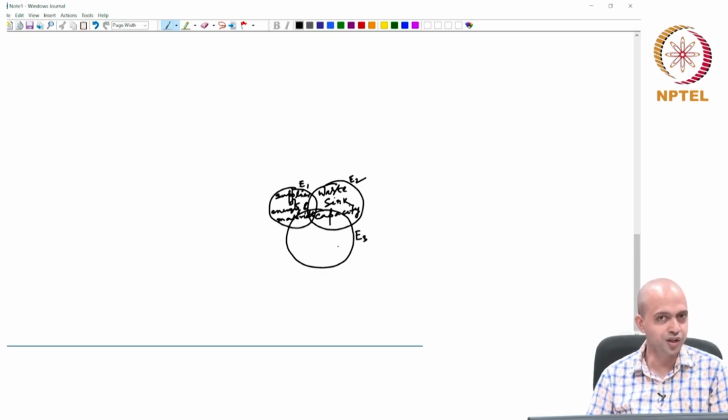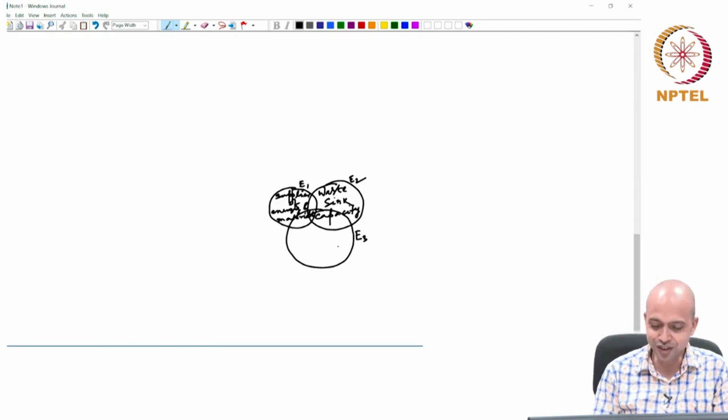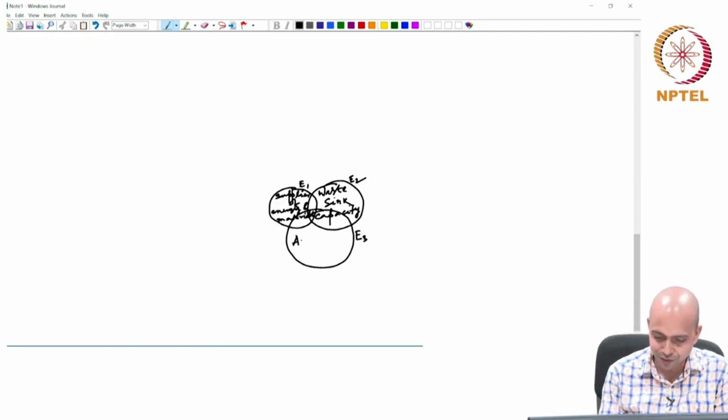Why do you go to the hilly areas? Because you want to enjoy the beauty of nature. And when you enjoy the beauty of nature, that is called the amenity value of the environment. So, what is it called? The amenity value.